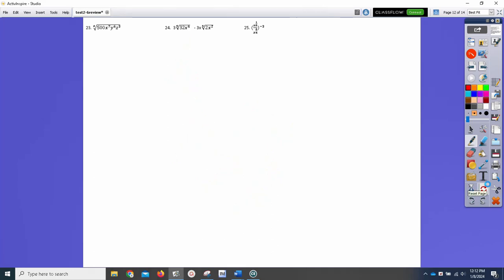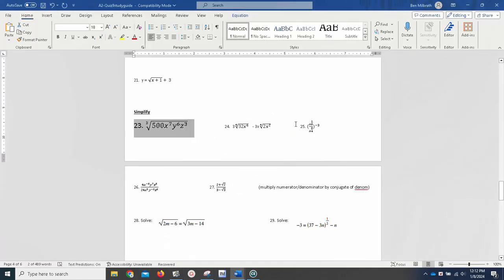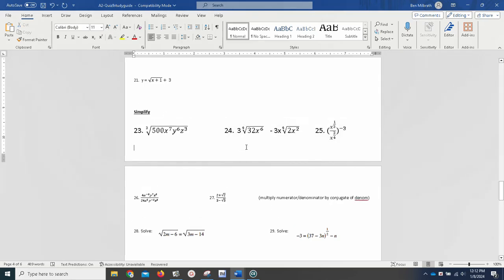25 is next. I've got to go back to the original document to see what this thing actually looks like because I can't read it. That is x to the 1/3 over x to the 3/4, raised to the negative third power.